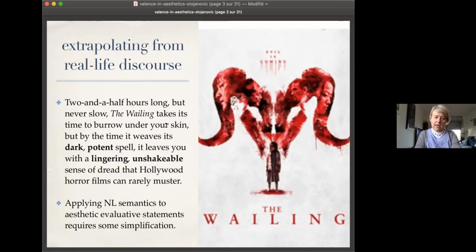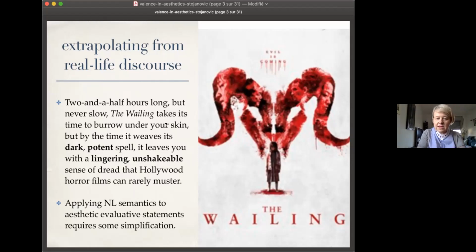So here is another example. 2.5 hours long, but never slow. The Wailing takes its time to burrow under your skin, but by the time it weaves its dark, potent spell, it leaves you with a lingering, unshakable sense of dread that Hollywood horror films can rarely master.